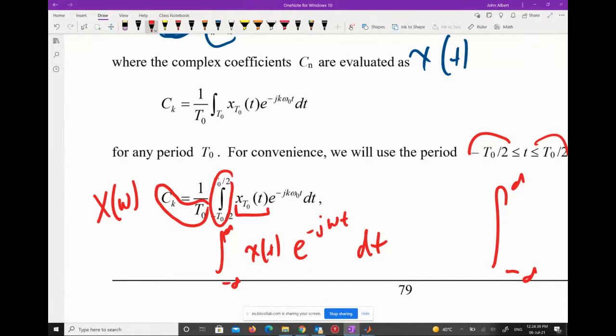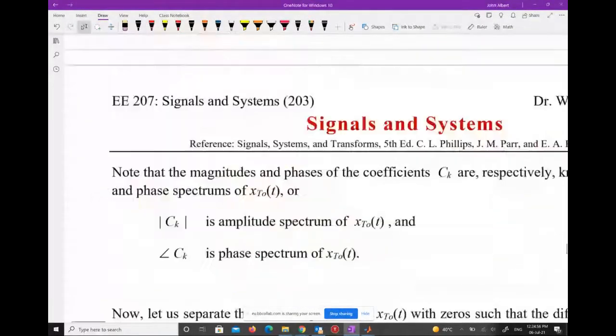Without going into detail, all I want you to understand is that there are some modifications I can make to the Fourier series coefficients to change this formula, which allows me to find the Fourier series coefficients, into a formula that looks like the following.